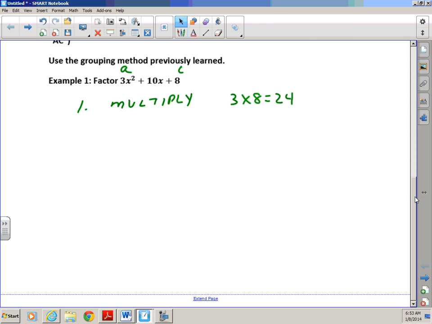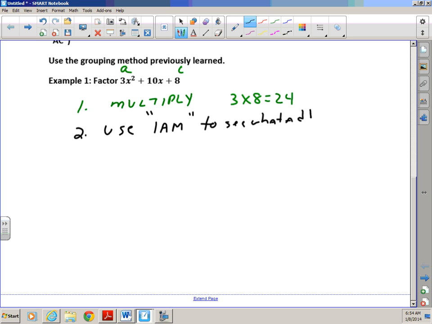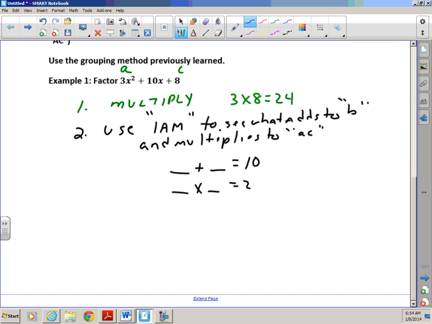Now, step 2 is we're going to use the I AM technique to see what adds to b and multiplies to AC instead of just C. So what adds to 10 and multiplies to 24? Those are two pretty straightforward numbers.